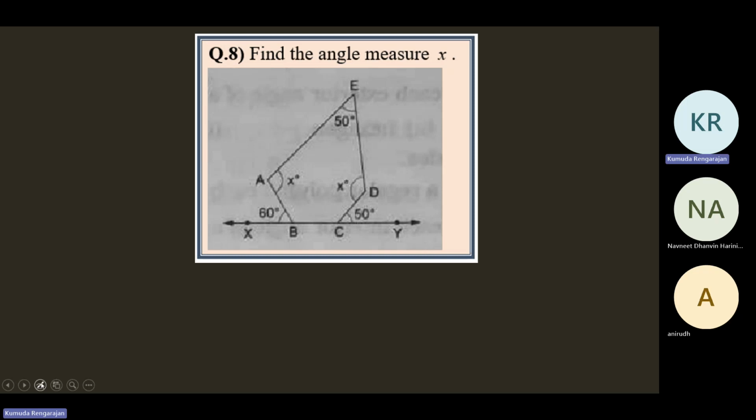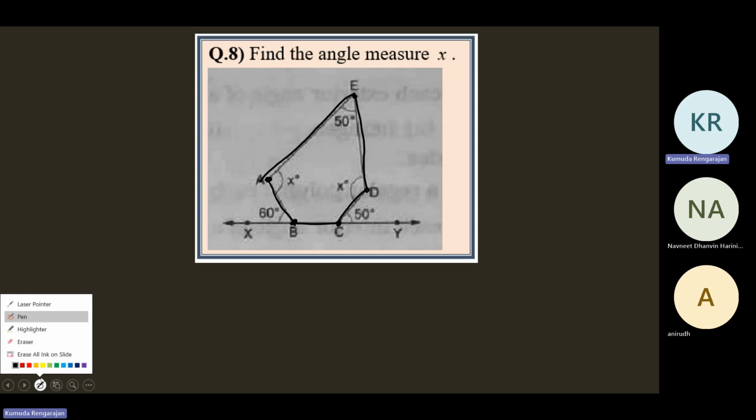Which are the vertices? A is a vertex, vertex B, vertex C, vertex D, vertex E. Now these points are connected. AB, BC, CD, DE, EA. Now name this figure.